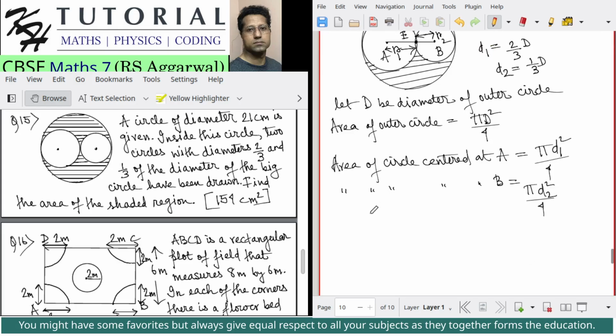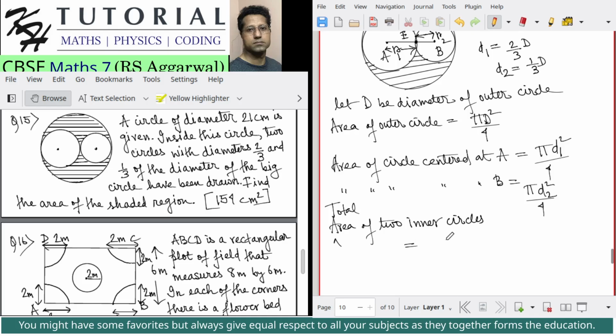So what is the total area of the two inner circles?